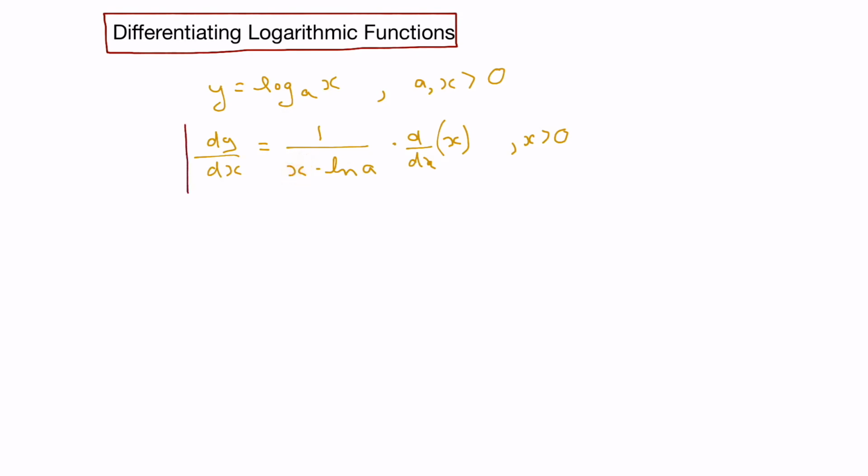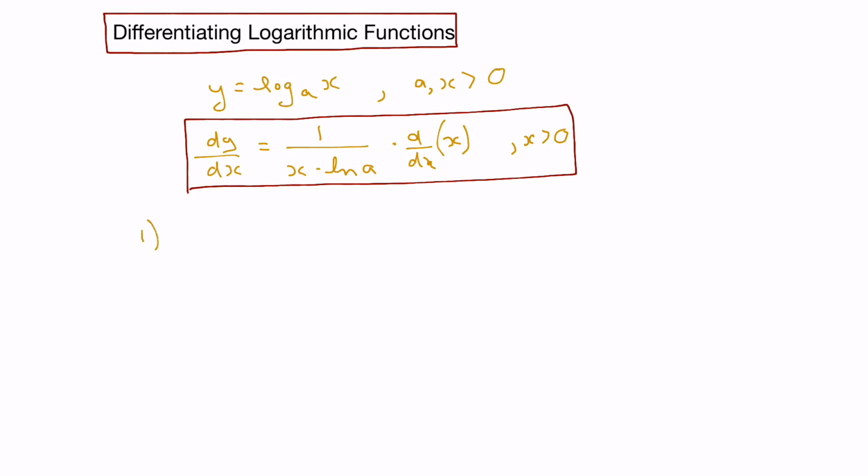And we can use this formula to find the derivatives of logarithmic functions. Okay, let's look at some examples. Let's say we wanted to find the derivative of log x. Well, if the base isn't shown, it's assumed to be 10. So we apply the formula.